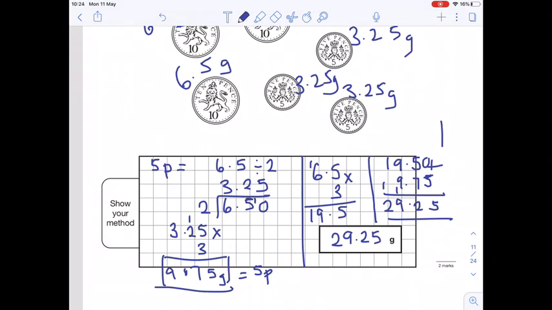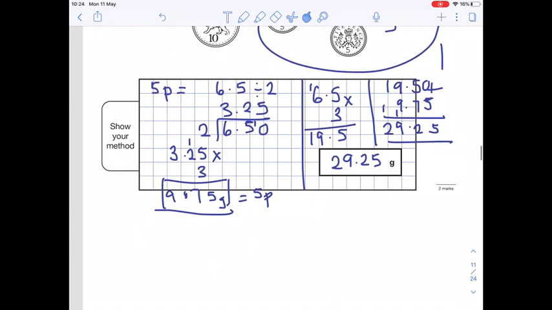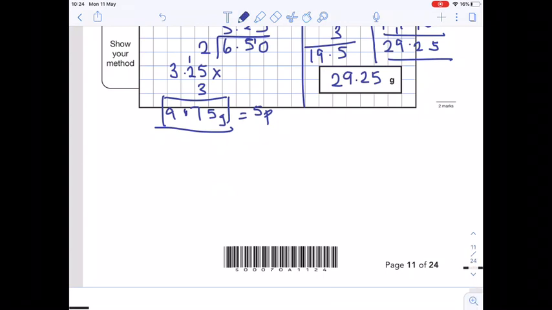If you're not sure, go over that again. The only tricky bit really was working out 3.25, that's the tricky bit. You could, of course, have just listed those. I know some of you prefer to do this because you don't trust your multiplication, so you could have done that and then just added them up.